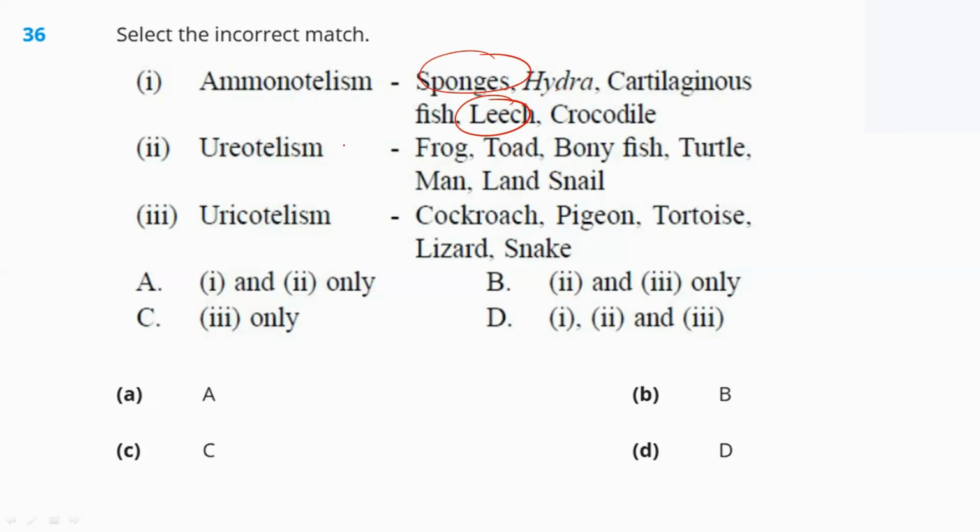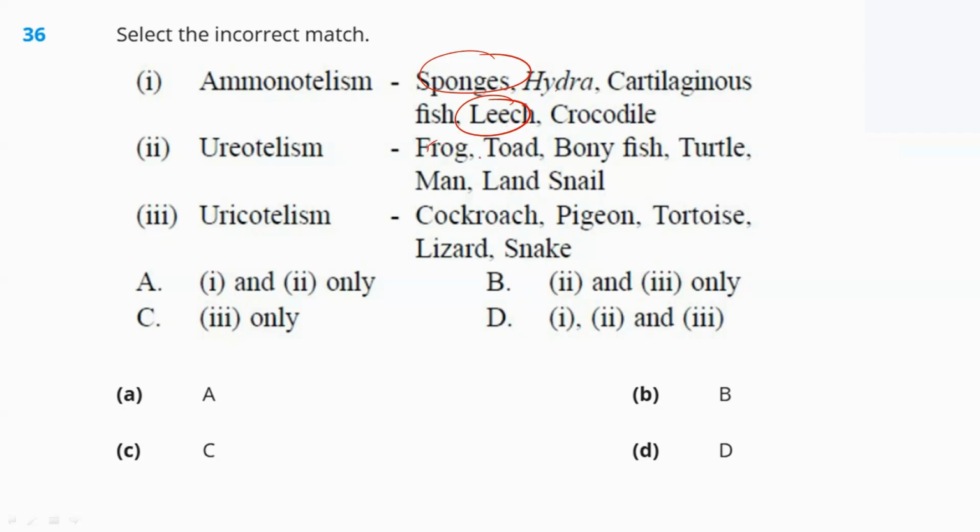Next is ureotelism. In ureotelism, urea is produced. So frog, shark, toad, bony fish, turtle, man, and island Nile. So which one does not undergo ureotelism?